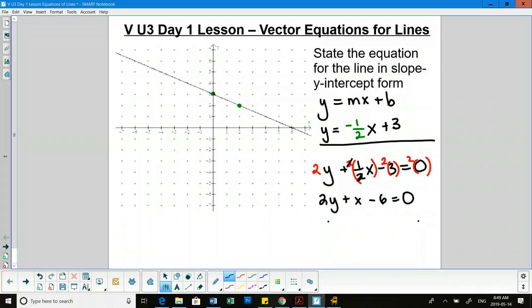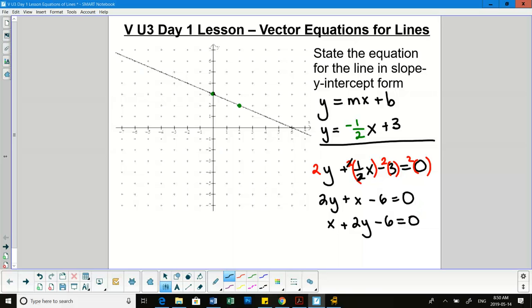Usually it would be ax plus by plus the c value, so we usually express it in this format right here. Similar to how we have various equations for representing regular lines in 2D space, we're going to have methods of expressing lines in terms of vectors in both 2D and 3D space.